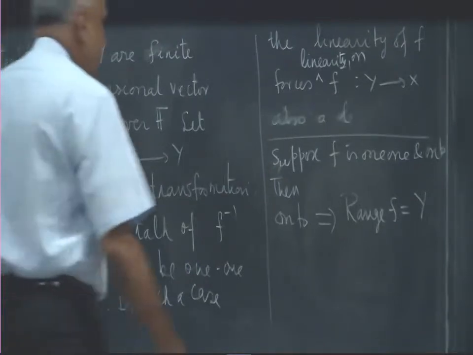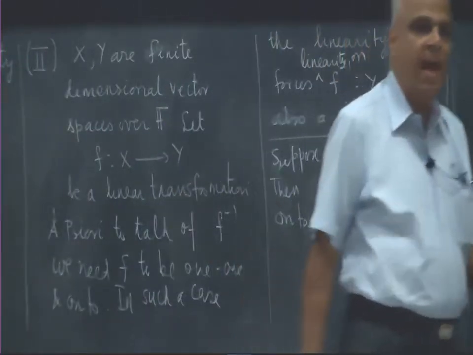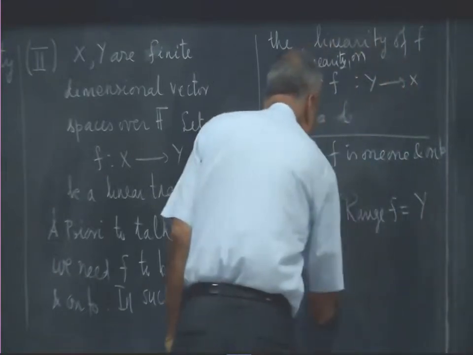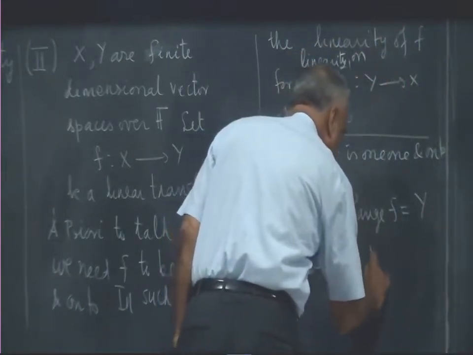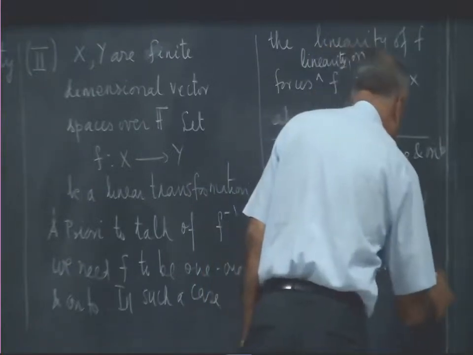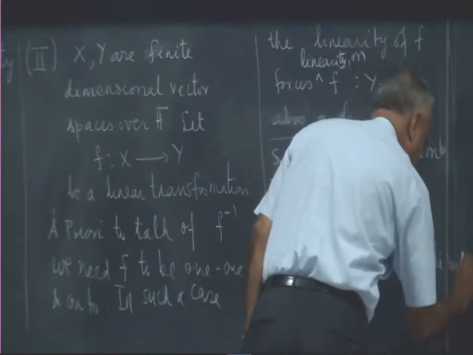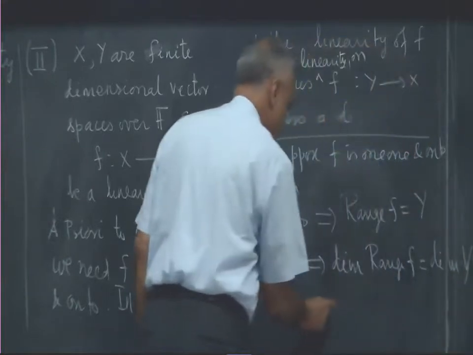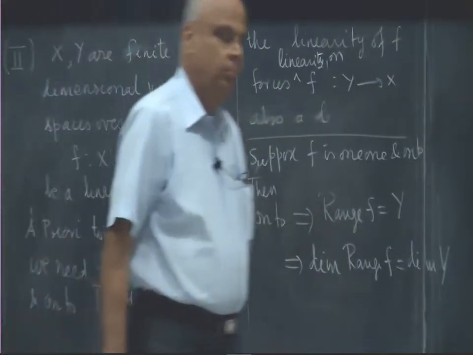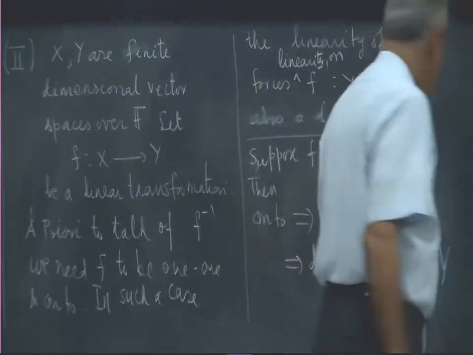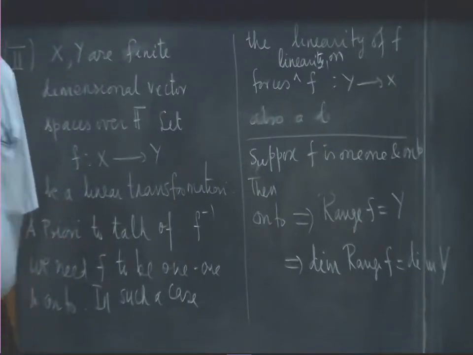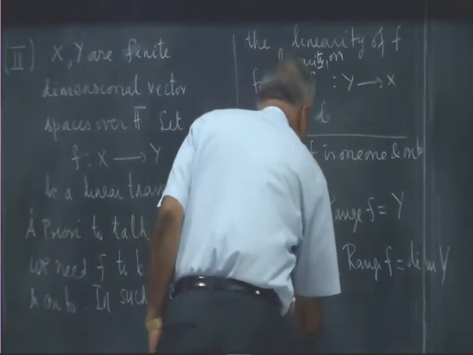But the dimension of the range of F is called the rank of F. So that says the dimension of the range of F is equal to the dimension of Y. The dimension of the range of F is what is called the rank, so let's say the rank of the linear transformation.